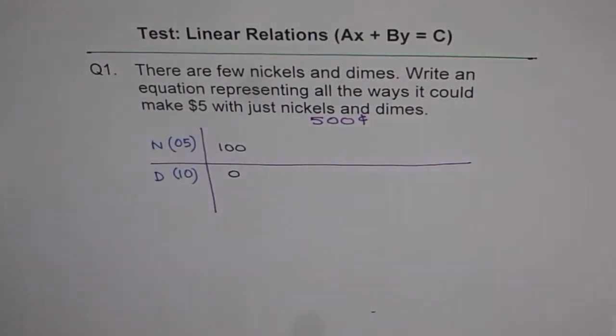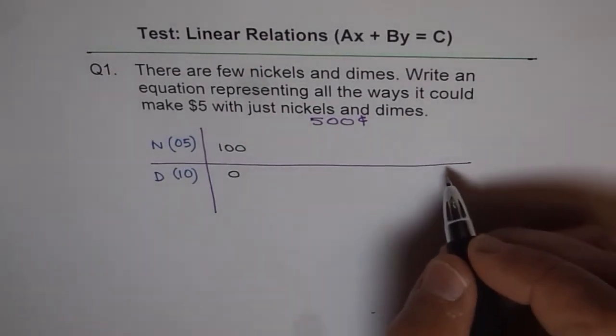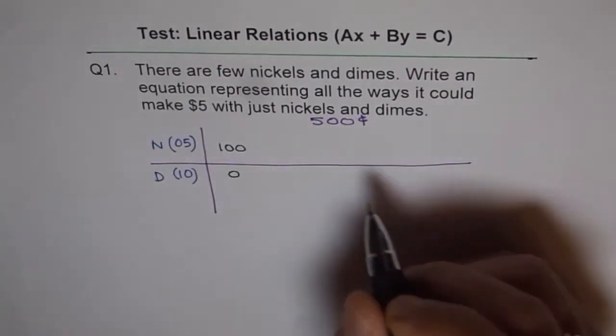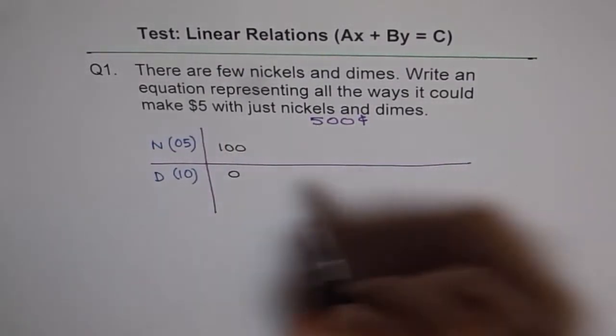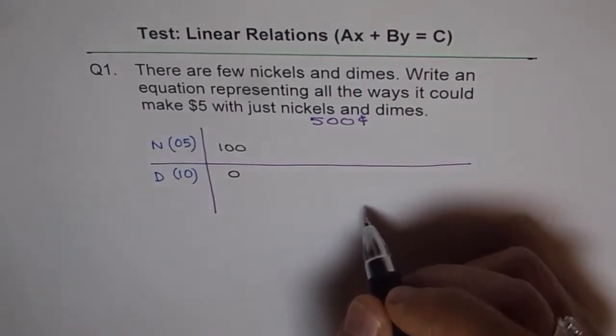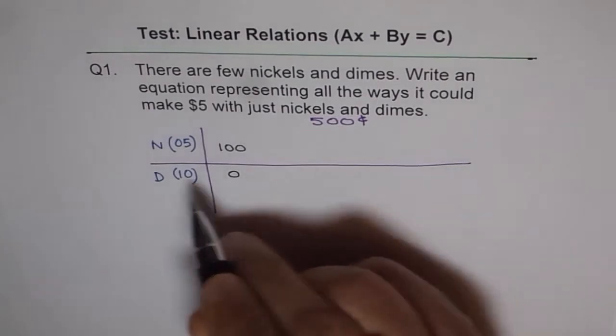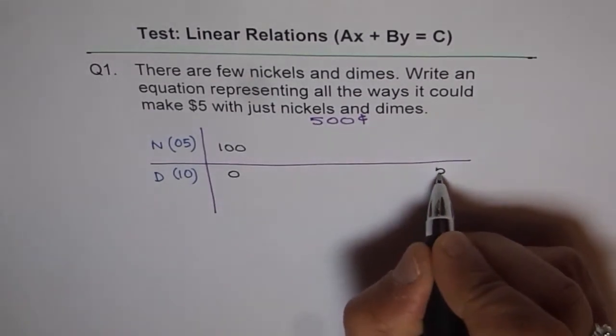Similarly, let us make 500 cents or $5 with just dimes. Then how many dimes do I need? I need 50, right? 500 divided by 10, so we get 50.